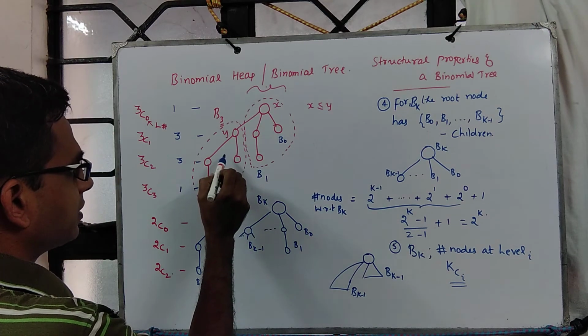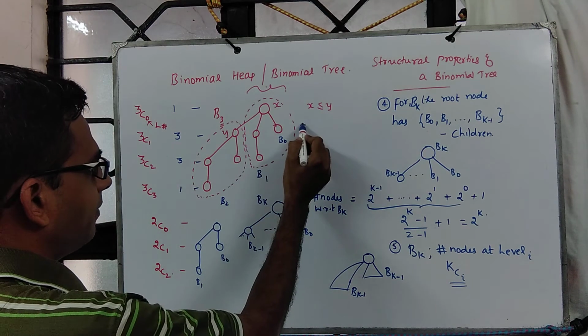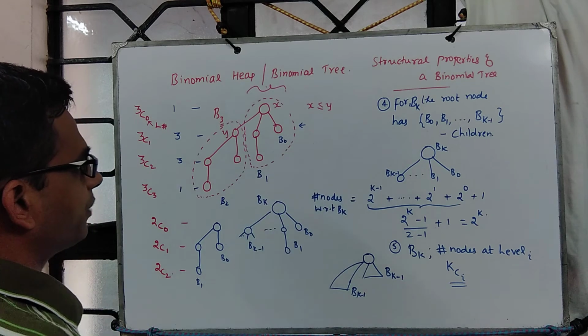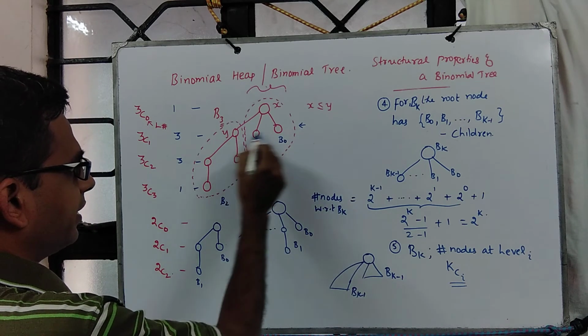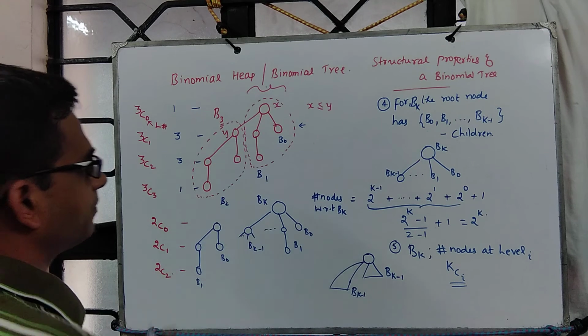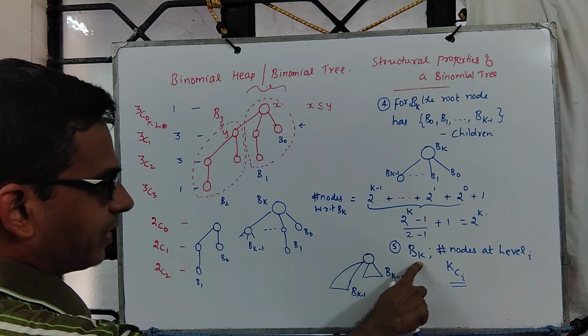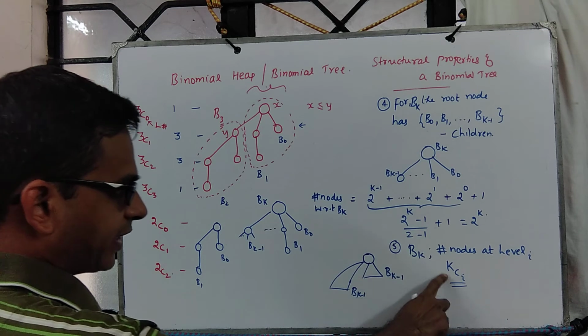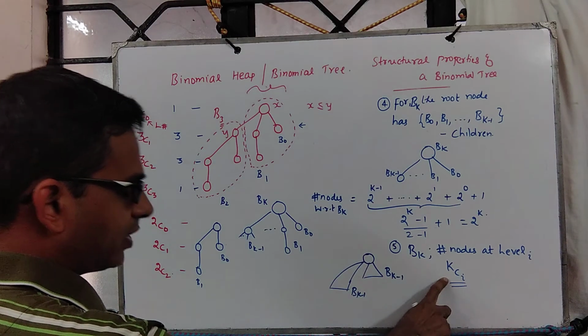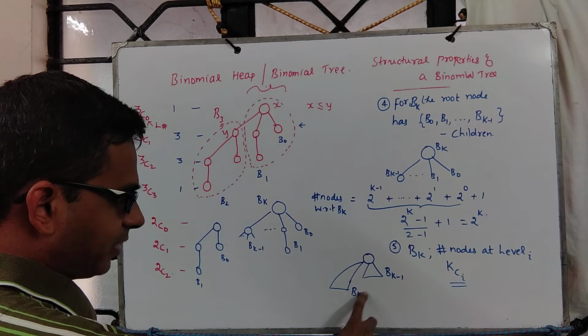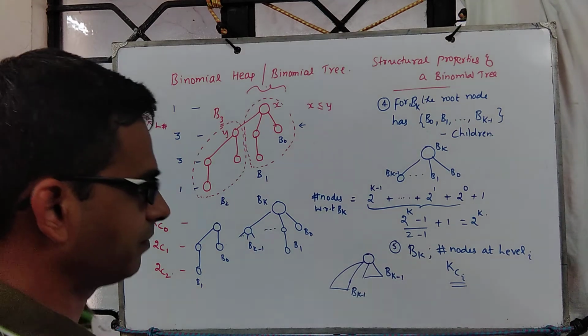Which means if you look at this level, when you count the number of nodes, we can count in terms of BK minus 1. So trying to count this number, we can always count with the help of BK minus 1.